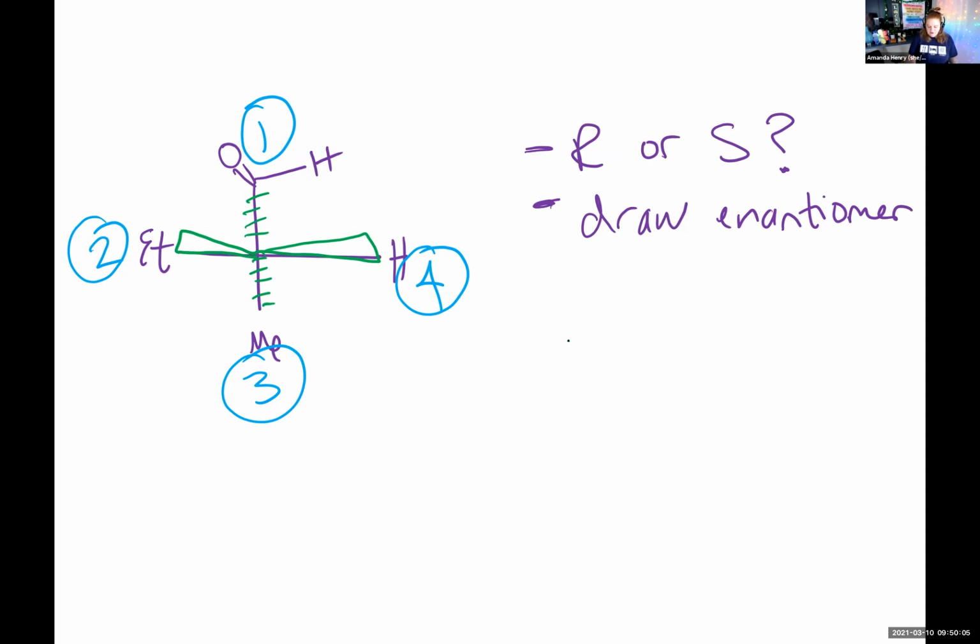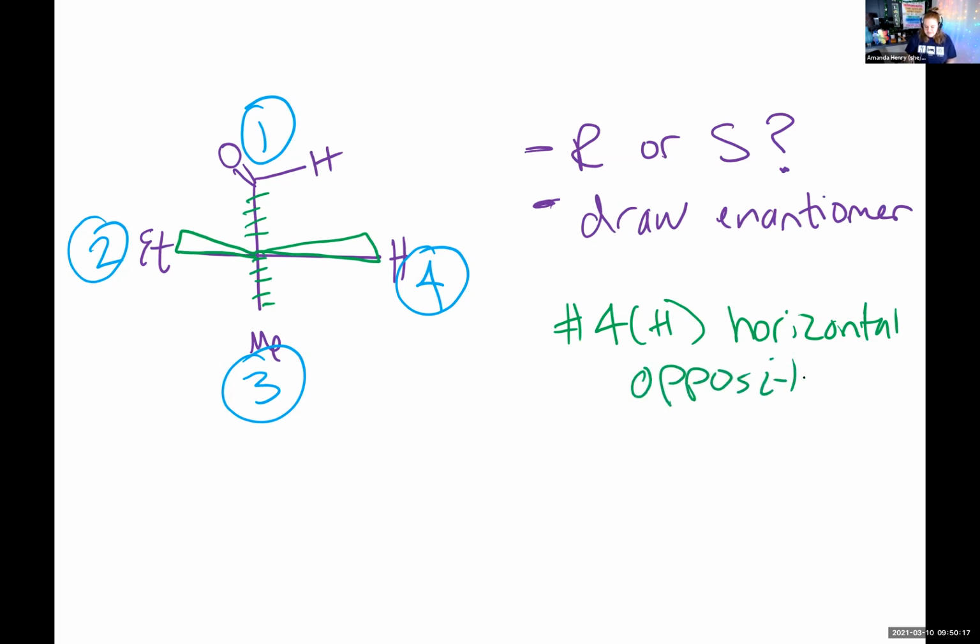So if our number 4, which usually is a hydrogen, is on the horizontal, then we're going to figure out whether it's R or S, but our real answer is going to be the opposite because it's in that wedged position. And remember, when we're counting, we're ignoring number 4. So we're going to go 1, 2, 3. So what is this molecule? Is it R or S?